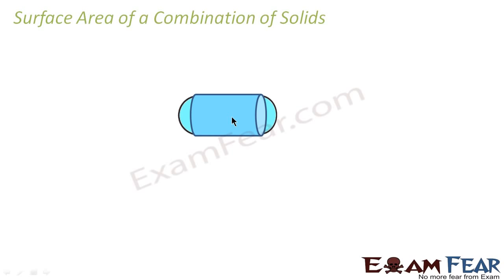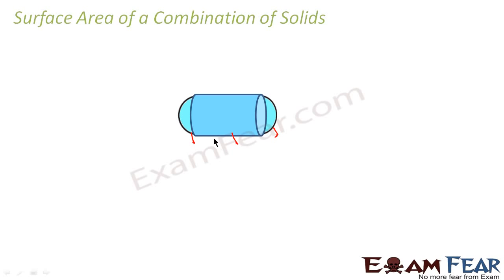But in real life, we generally don't see the basic shapes. We see shapes which are combinations of the basic shapes. For example, this is the general tanker we see. This is the tanker actually, and this is a combination of a hemisphere and cylinder.